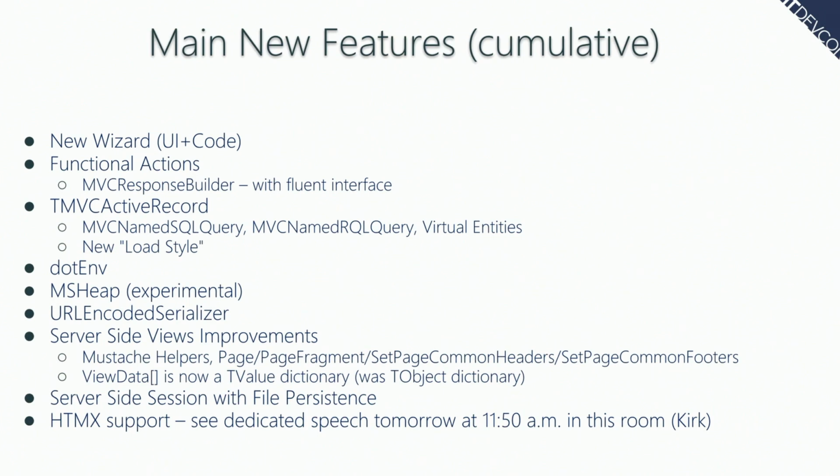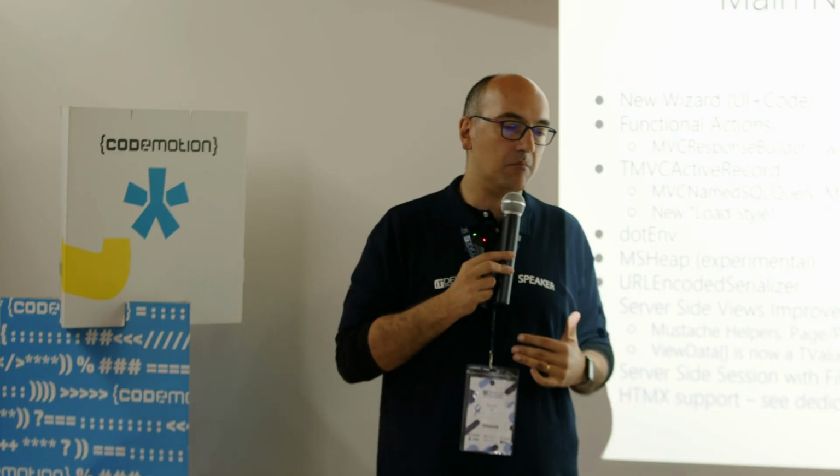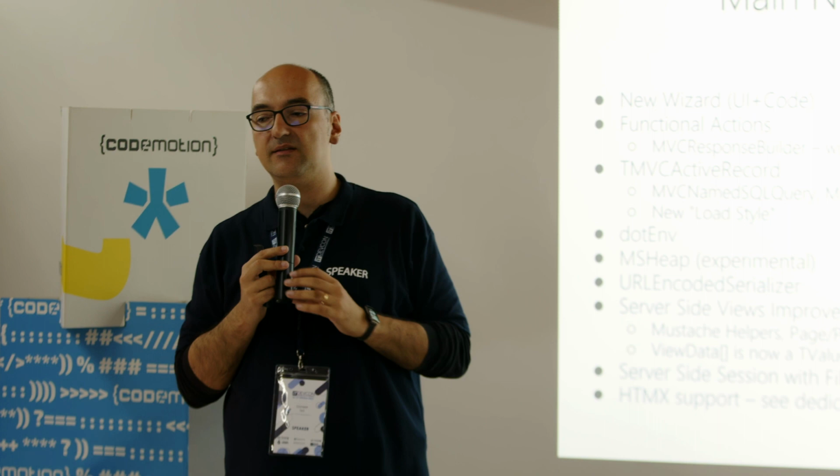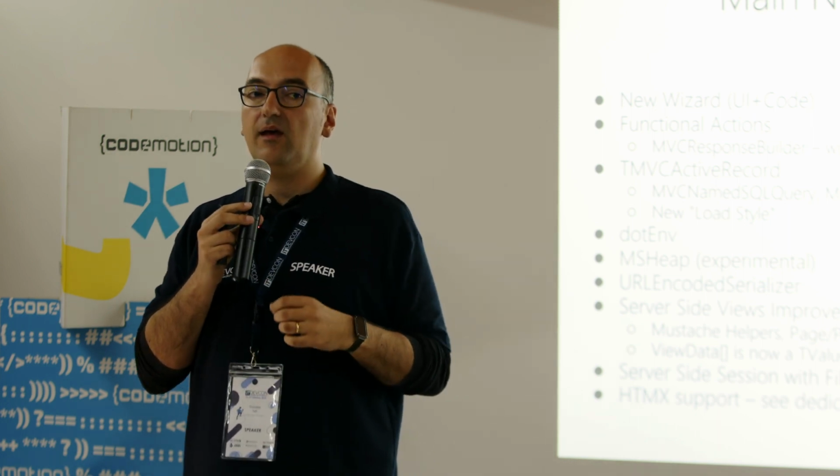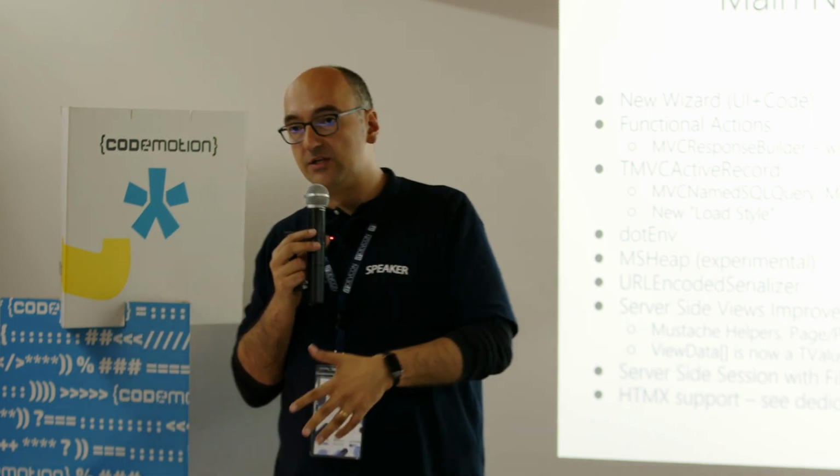How many of you have ever seen a file named .env somewhere? A lot. Okay. In the DMVC framework, there is support for the .env format and all the fantasticherie. Then there is the experimental support for Microsoft Heap Memory Manager, which is an enormous improvement in terms of speed related to memory allocation.